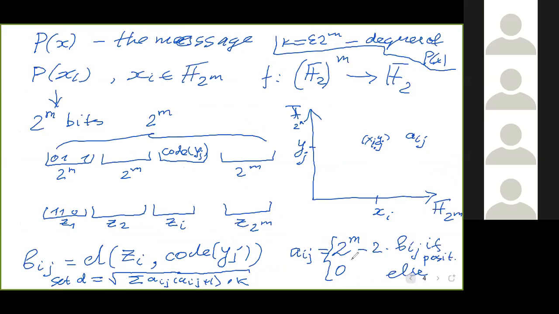So we know that in any case 2 to the m minus 2 Bij is at most our multiplicity, because our multiplicity is either 0 when this is negative or just equal to this. And so if we sum this up, we can replace 2 to the m minus 2 Bij by aij and obtain a larger value.